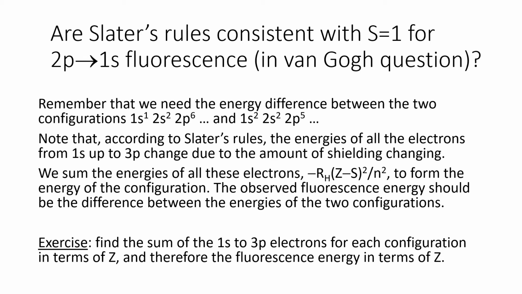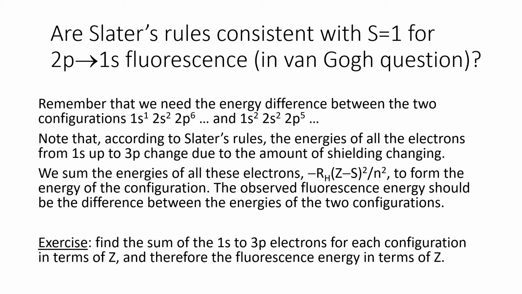And so this is what I did, looking at this in a bit more detail. Taking each of these different electrons, what we'll need to do is work out the energies. And so that will involve working out the shielding experienced by each of these electrons. And then we can drop that into our equation that involves the Z minus S, the effective nuclear charge.